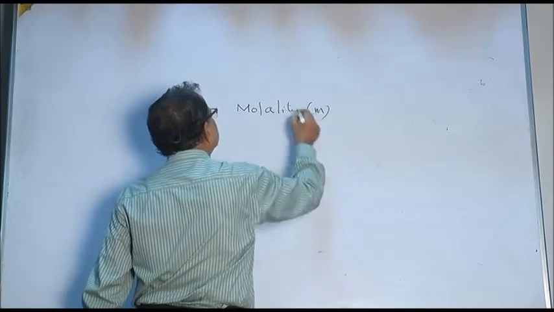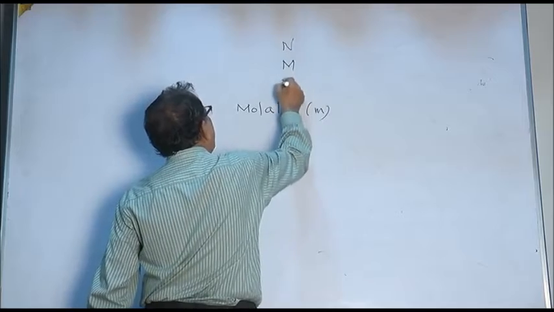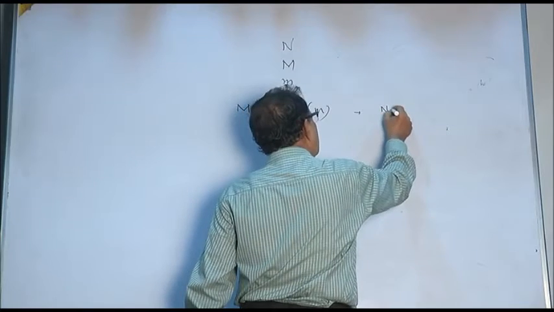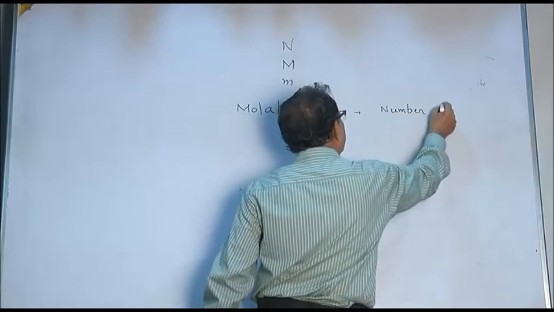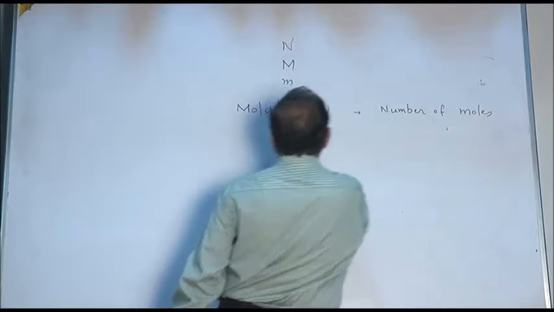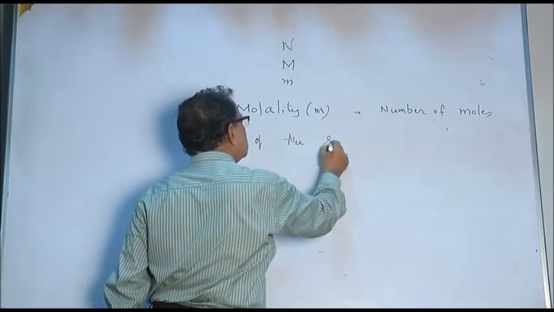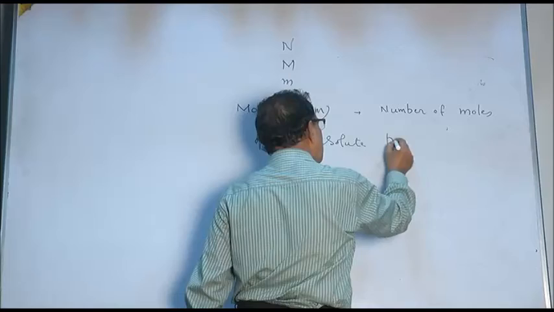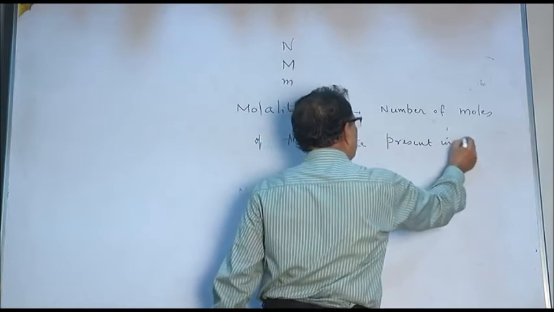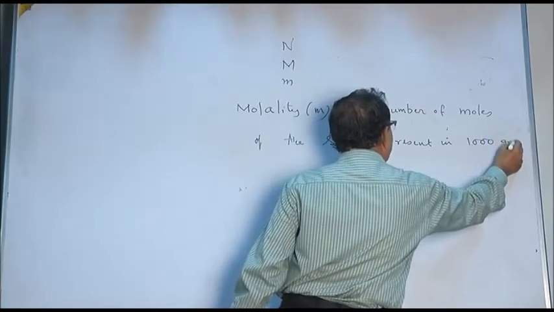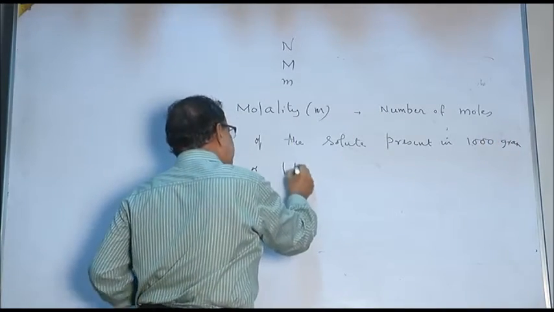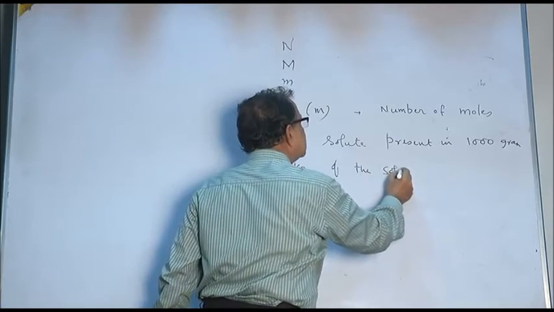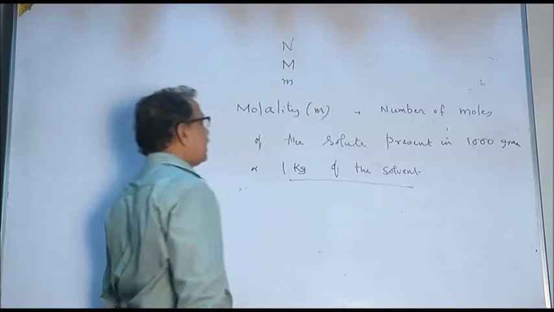Molality is called small m. It is the number of moles of the solute present in 1000 grams or 1 kg of the solvent. So here it is the solvent, not the solution: 1 kg of the solvent.